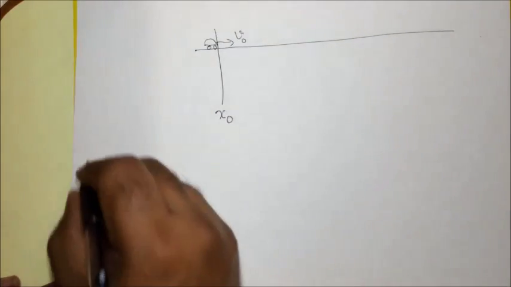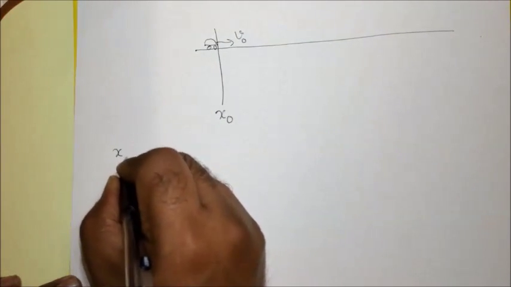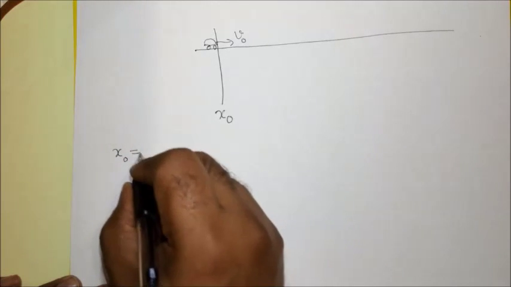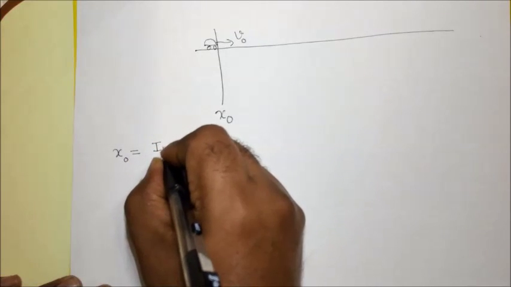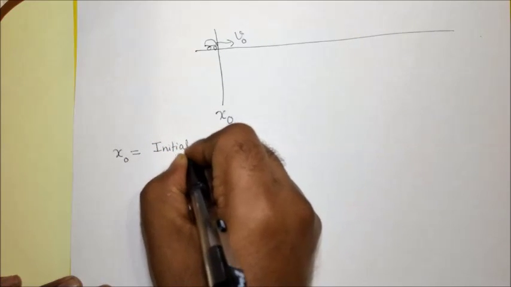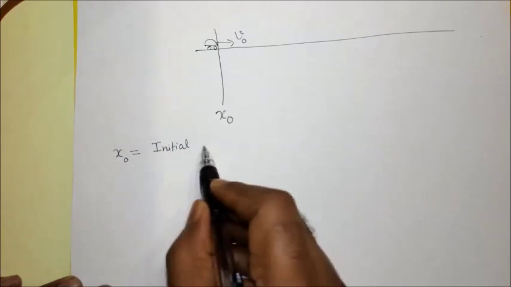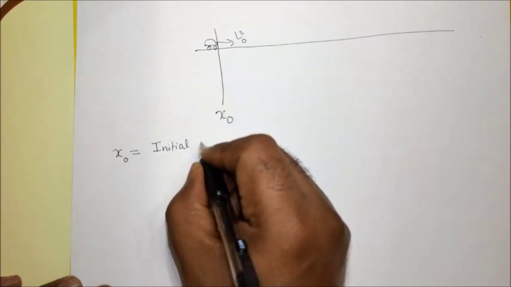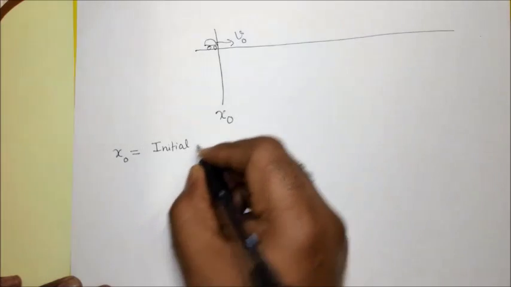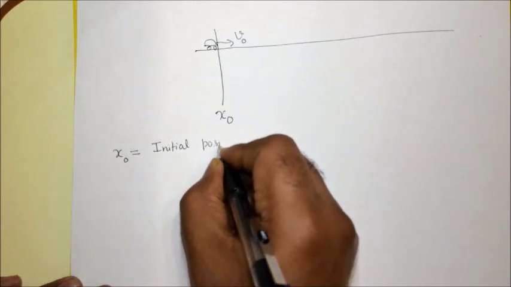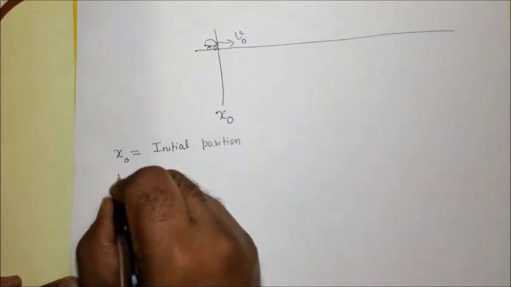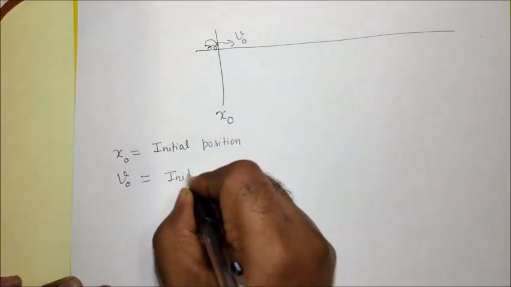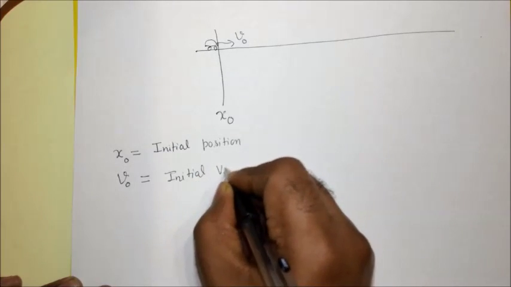That's the initial velocity. So x0 is initial position, v sub 0 is initial velocity.